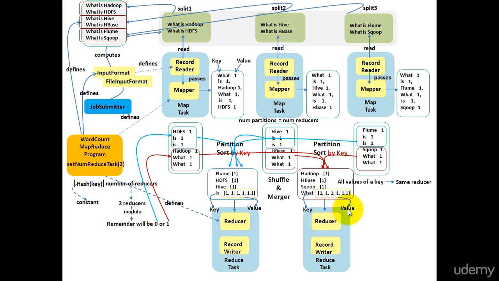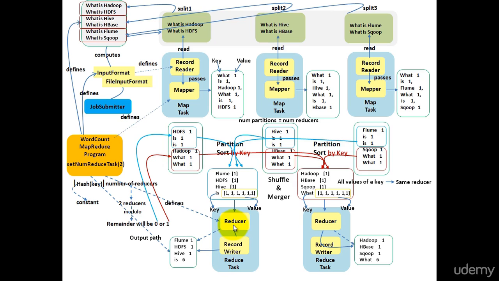Similarly, all the reducers compute the word count and store the final result in the HDFS. The output path is also configured in our MapReduce program. So if you see from a bigger point of view, you will see that the logic in the mapper and the logic in the reducer is used together to solve a given problem.